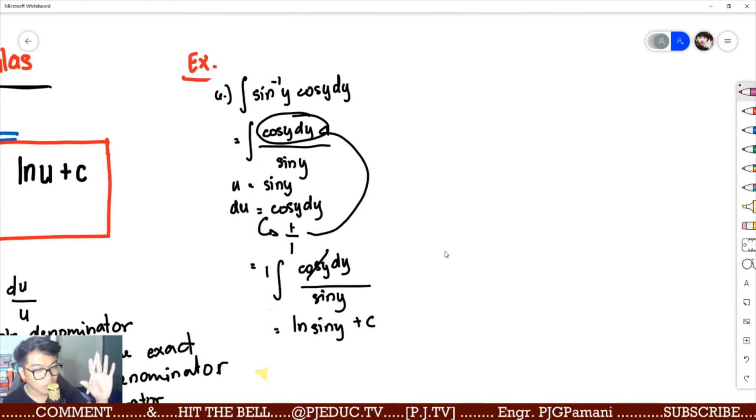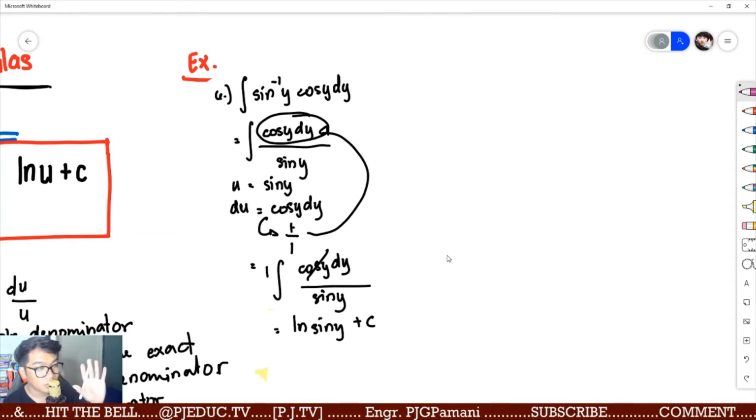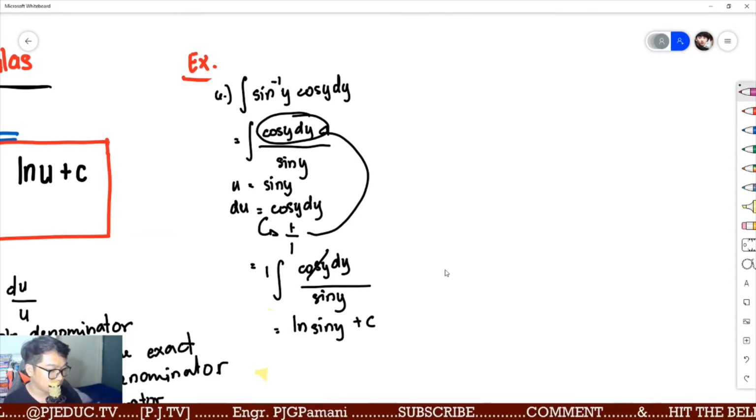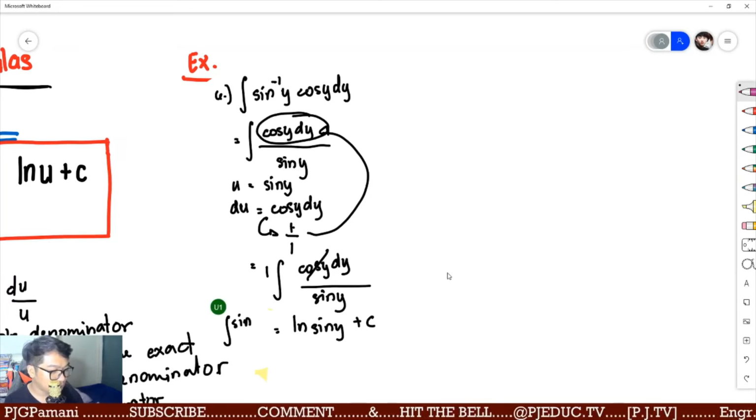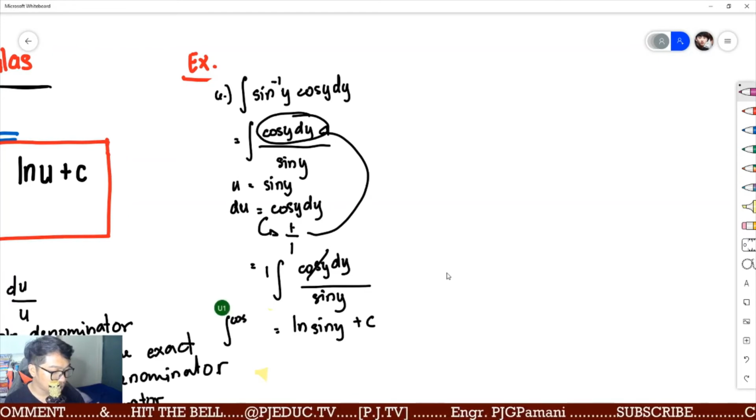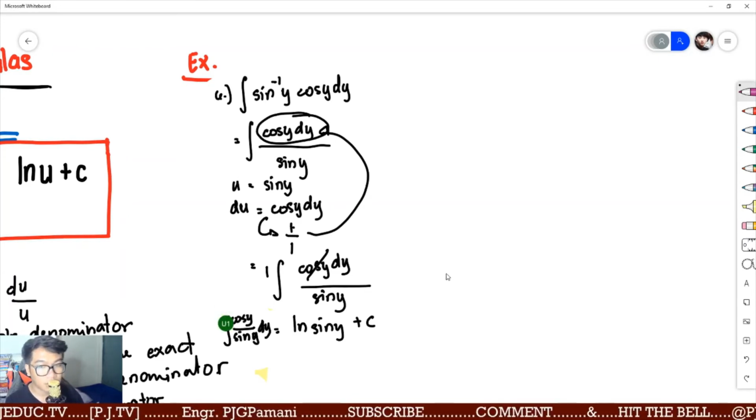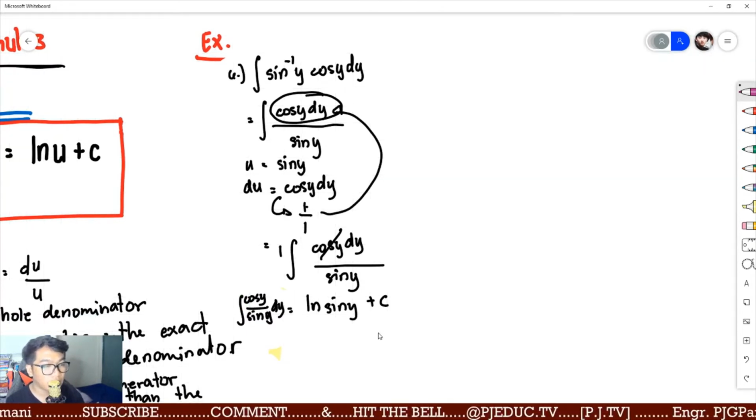Remember your trigonometric function and your trigonometric identities. Either way, sine y is standard, cosine y over sine y dy is standard to be equal now to an integral of sine y, ln sine y plus c.